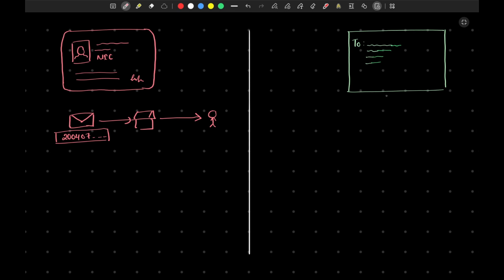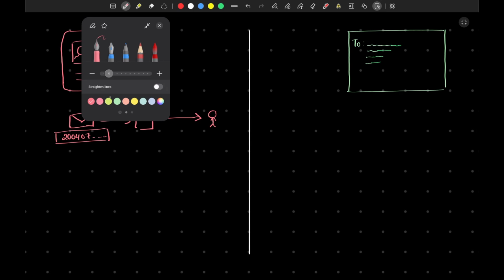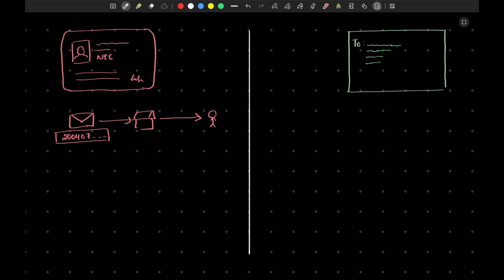On the other hand, if we write the mail address, this is the address.